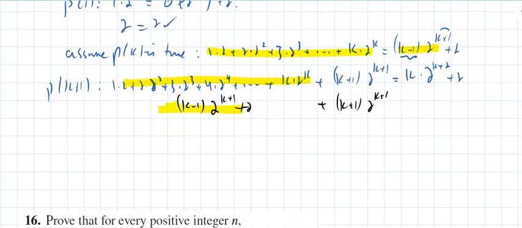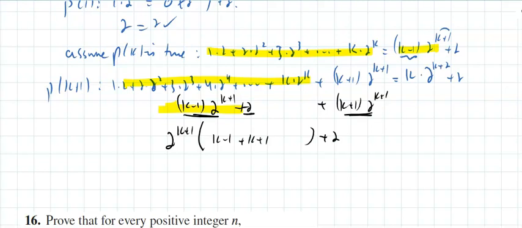Well, let's see how this works. If I factor 2 to the k plus 1 out of this, I will have k minus 1. And out of this, I will have k plus 1. And there's a plus 2.